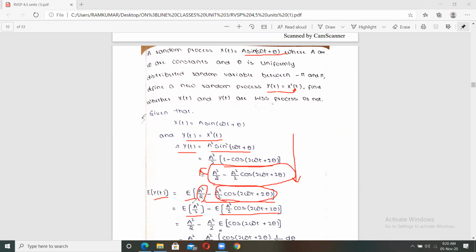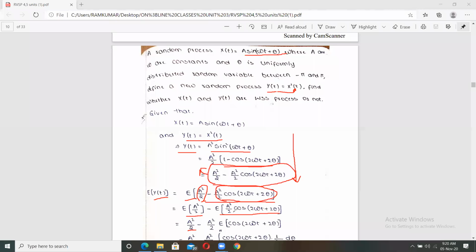Now, this is already given in the problem, a and omega are constants, right? Now, expectation of a constant is nothing but the constant itself, a square by 2, and also here a square by 2 into cos 2 omega t plus 2 theta.